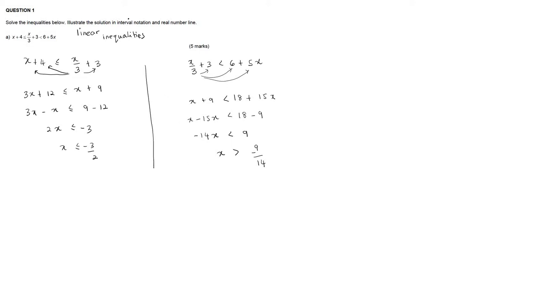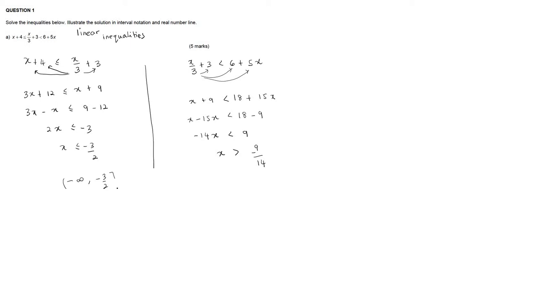But the question asks us to give in interval notation and real number line. Okay, these two are in inequalities form. To give the answer in interval notation, okay, this one is less than negative 3 over 2, so negative 3 over 2 to negative infinity. Dia lebih kecil sampai negative infinity.